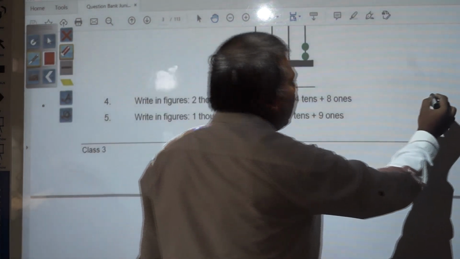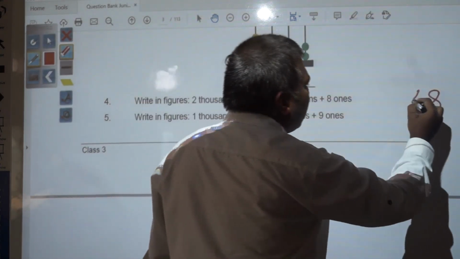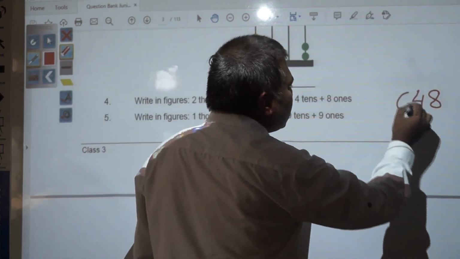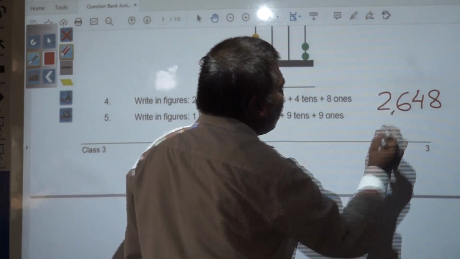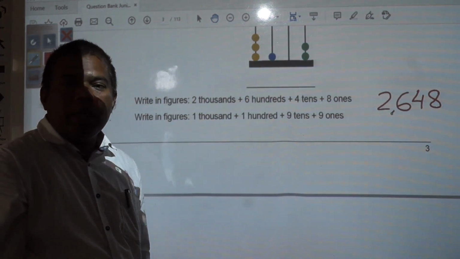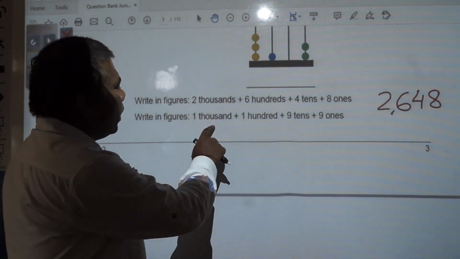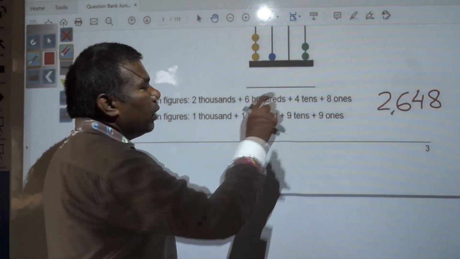In ones place you have 8, you write 8. In tens place you have 4. In hundreds place you have 6 and in thousands place you have 2. So which number it became? 2648.